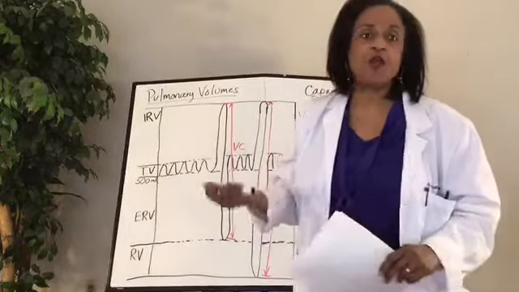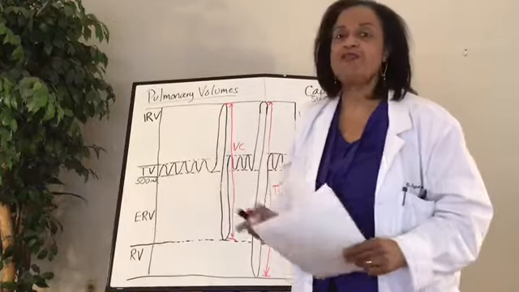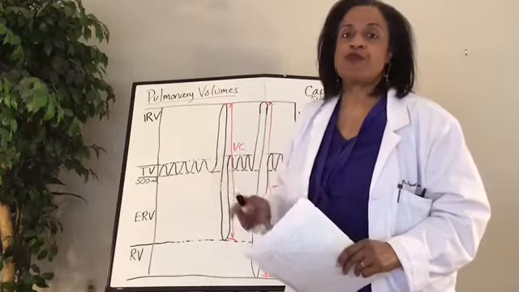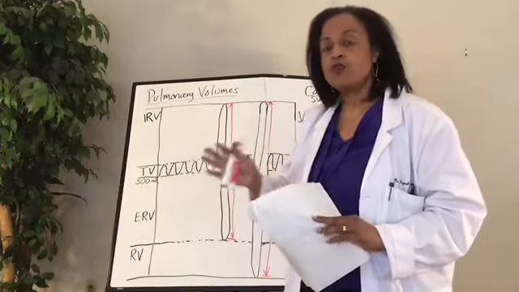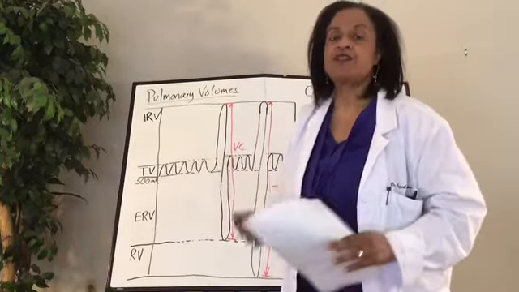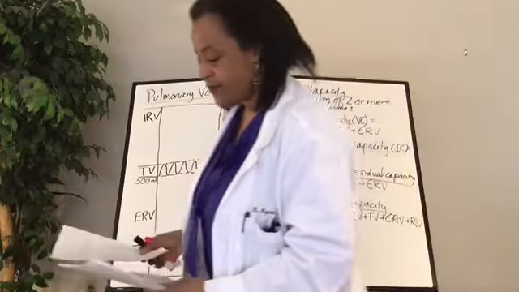I think it's going to be a question on the exam, so I wanted to reiterate that your central and peripheral chemoreceptors do communicate with the medulla to keep a certain rhythm of our breathing, okay?